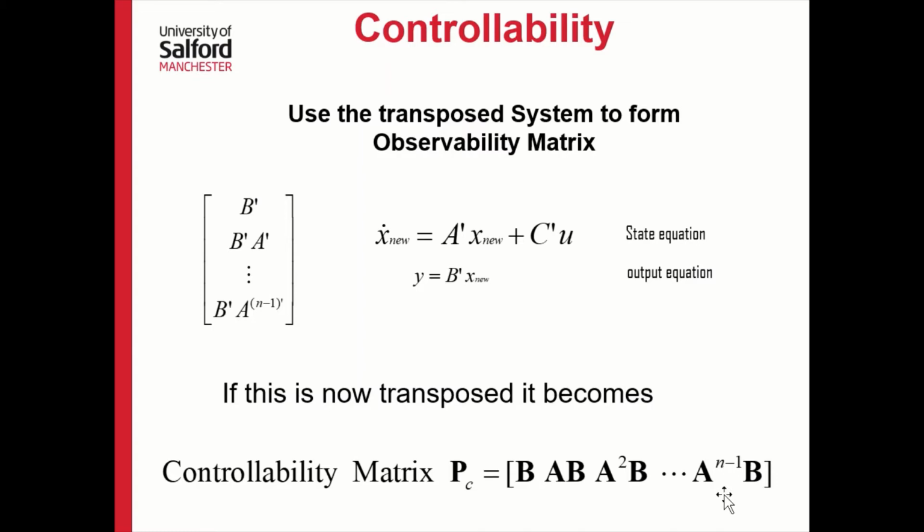So the proof, if you like, for the controllability matrix is an easy little way of proving it by using the transposed system. There is an alternative proof for the controllability matrix, but it's incredibly hard to follow.